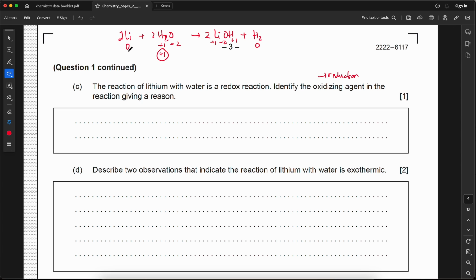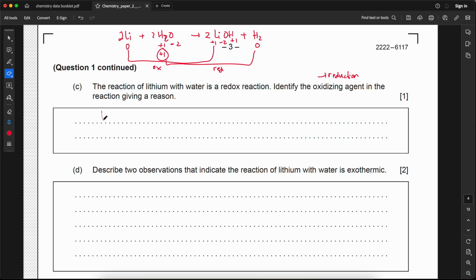As you can see, for Li here 0 to plus 1 is oxidation, and for hydrogen plus 1 becomes 0. So this one is reduction. So we need this H2O. So H2O is acting as an oxidizing agent because it experiences reduction in oxidation number.